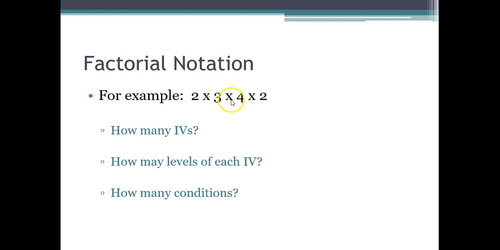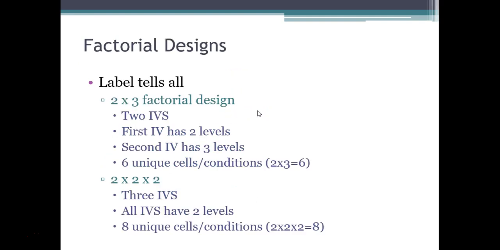The third independent variable has 4 levels. And the fourth independent variable has 2 levels. And how many conditions overall? Now you multiply together to get the number of groups. 2 times 3 is 6. Let's see, times 2 is 12. Times 4 is 48. We have 48 groups that we would need.